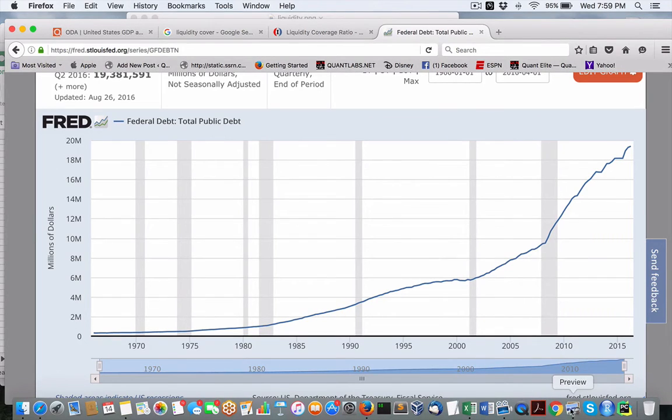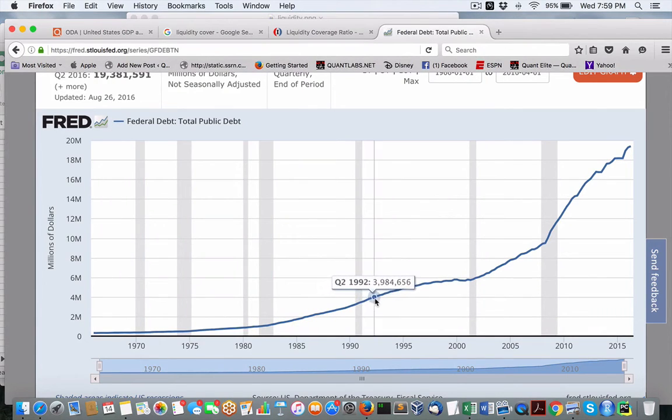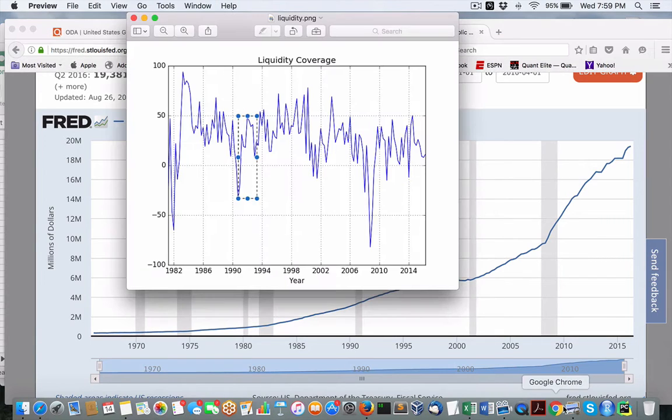All right, so knowing that in the early 80s they pumped a little bit of printed money into the economy, when we move into the early 90s, it starts to elevate quite a bit, as you can see here, but there's very little effect.